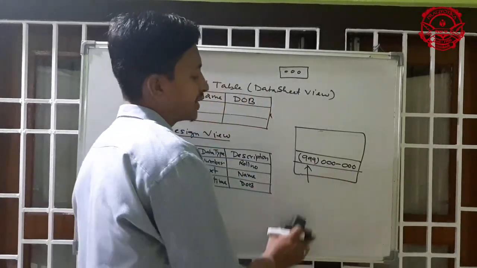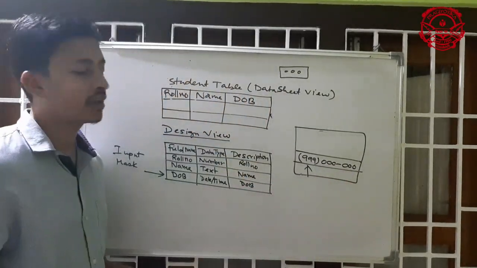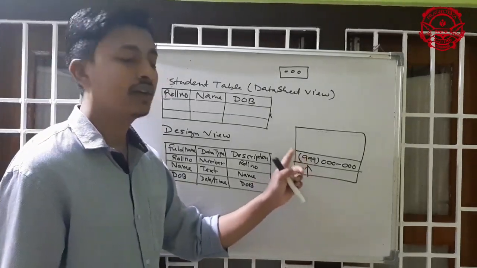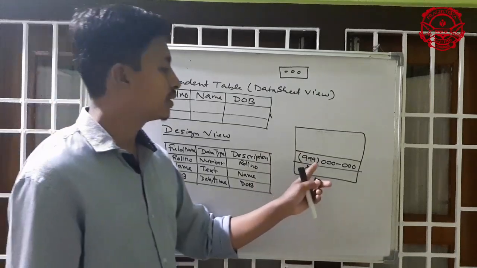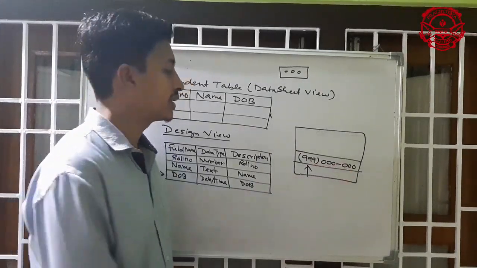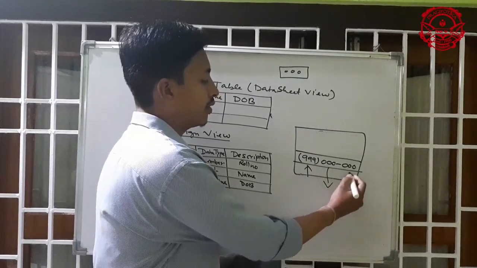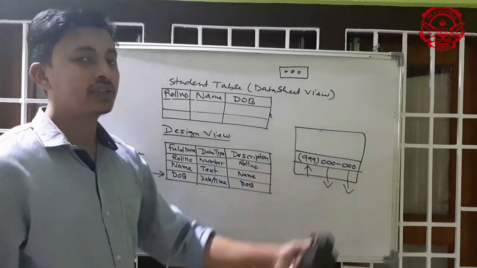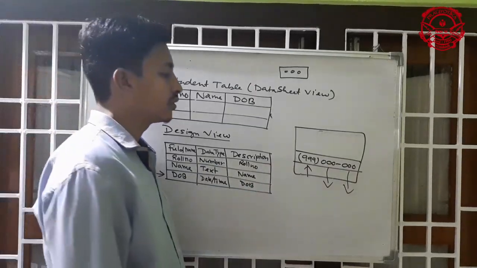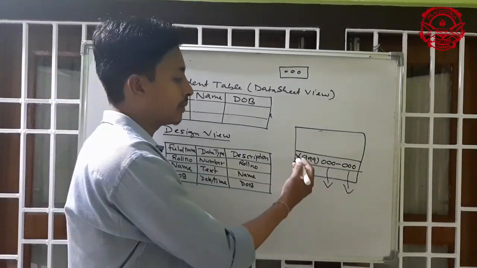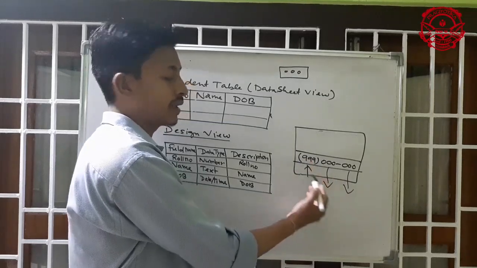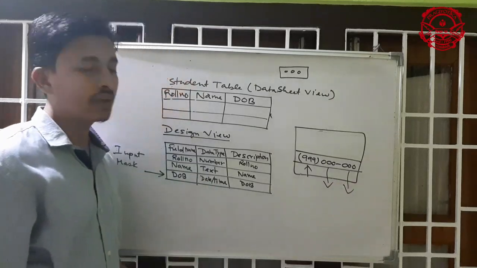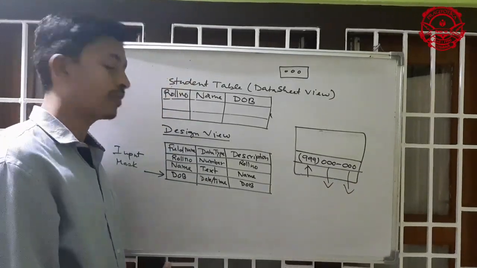Means 9 is the first value, and 000 is an optional value. In this way you can arrange your phone numbers. The phone number looks like this: first a 3-digit number, then a bracket, after that 3 digits, again 3 digits. In this way you can apply this input mask.